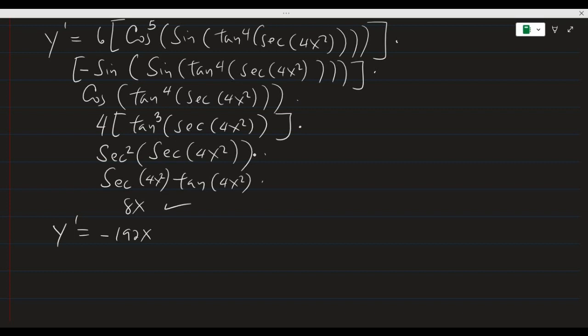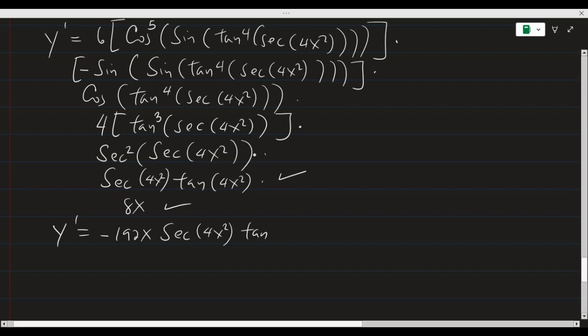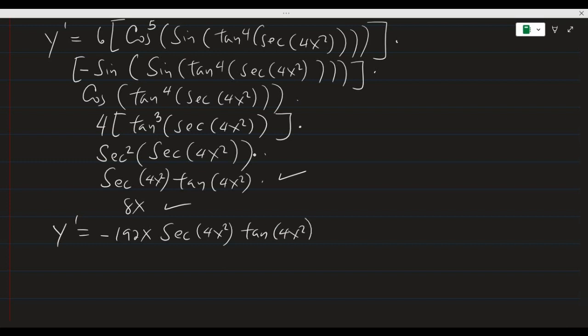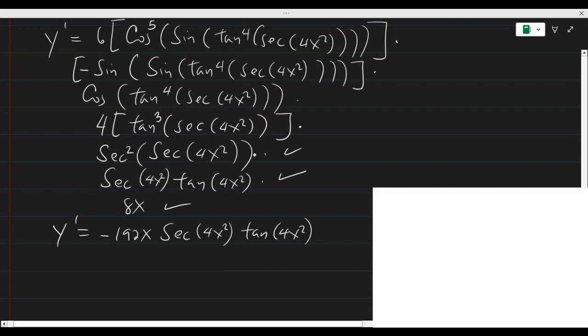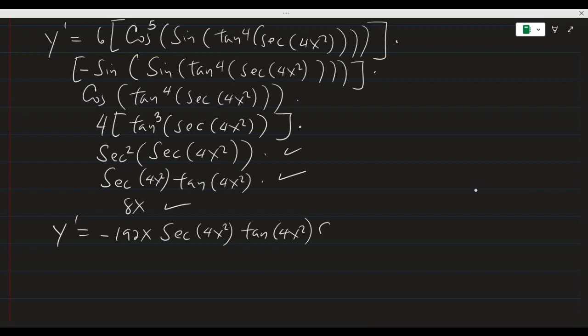Then we write down the next term: secant 4x squared tangent 4x squared, and then the next term, secant squared of secant 4x squared, and then multiply by this term.